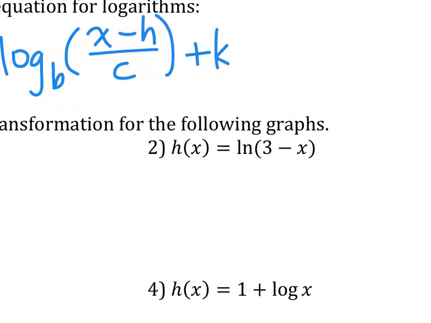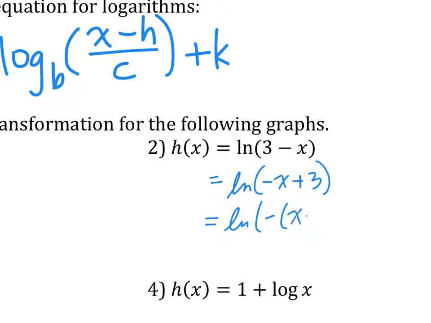Okay, number 2 is probably the hardest one out of all of them. First of all, what is the parent function? Natural log again. This is not in the right order, so I'm going to change it so it's negative x plus 3. And we talked about this. We said if there is any kind of number next to x, we have to factor it out, right? So we want to change that to a negative times x minus 3.